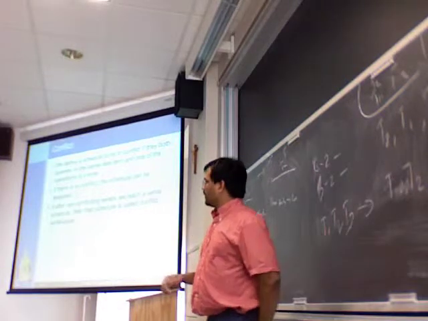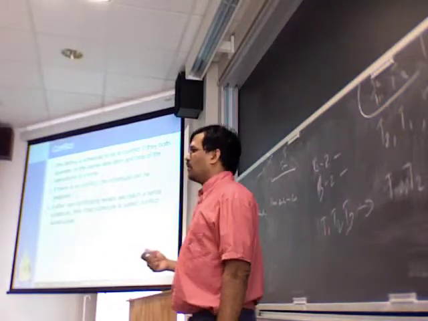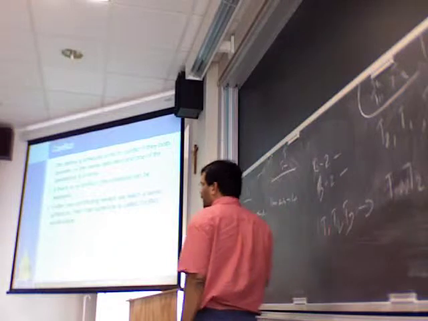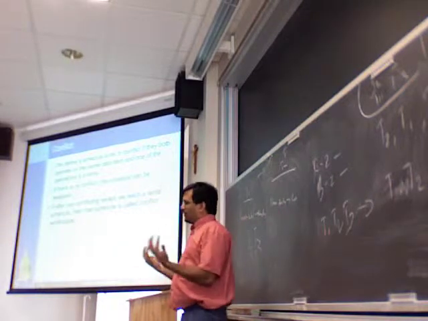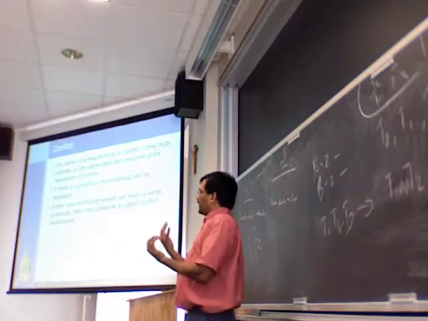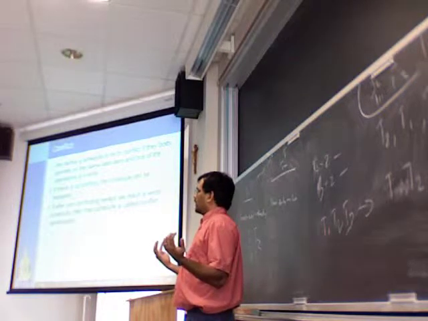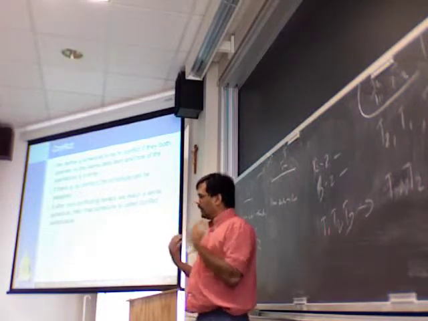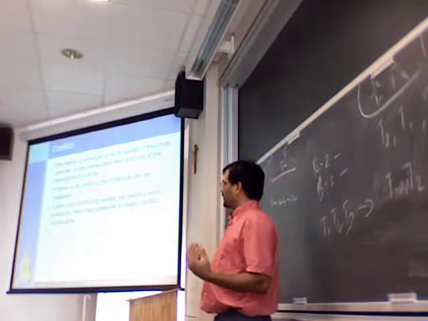I think I have an example in a slide to show what that means. So you define the notion of a conflict and say, if things are conflicting, then they can't go in parallel; they have to go sequentially, one after the other.